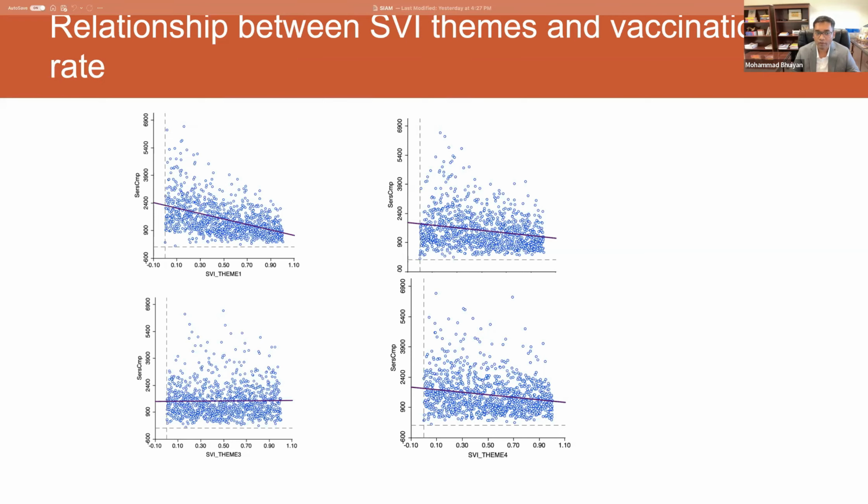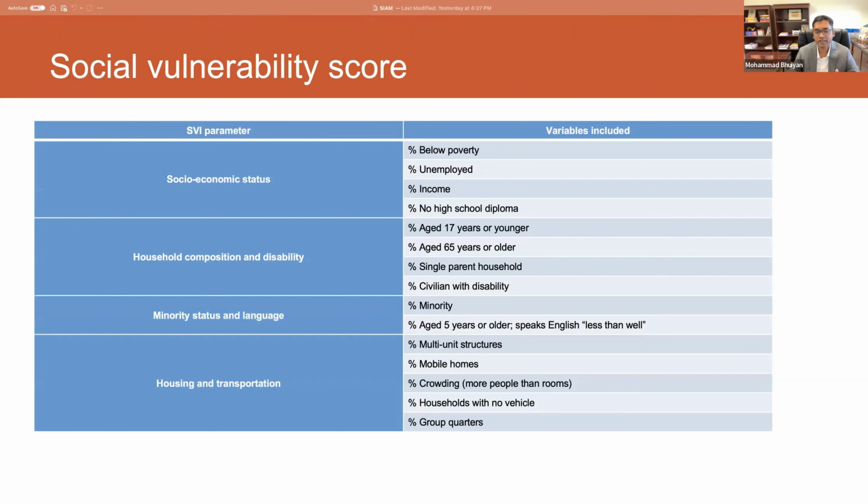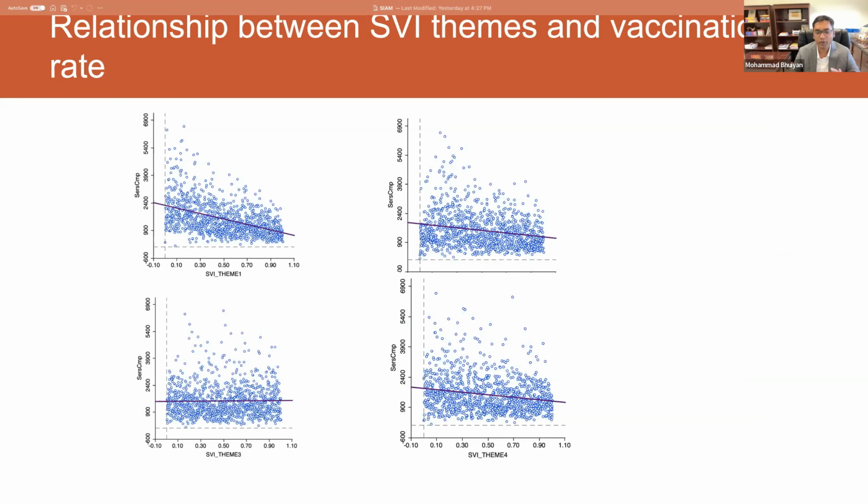And from these 4 themes, you can see theme 1, 2, 4 are clearly associated. What is theme 3? Minority status and language. So we see that minority status is not actually associated because at the time there was no vaccination for minority people, right?